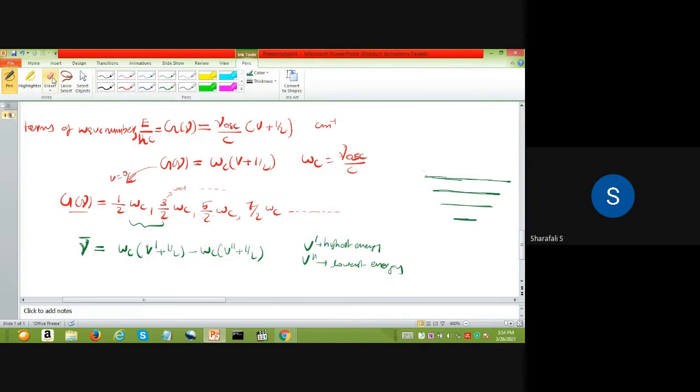Okay, not the highest, but I can write it as higher and lower. Highest is something different. So this is the higher energy level. This is the lower energy level.